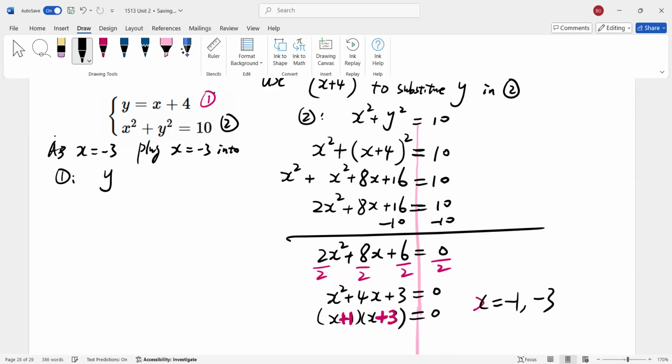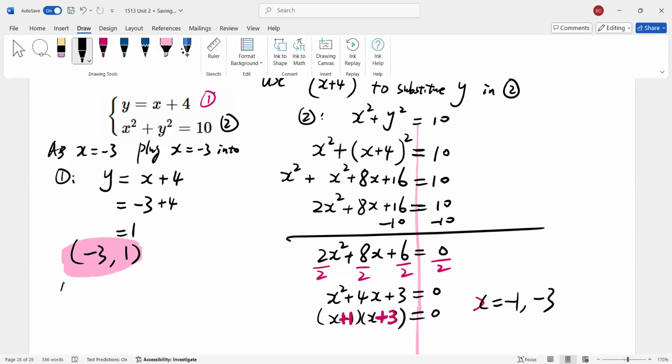In equation 1, variable y is already in terms of x. So if we plug in x equals negative 3, replace x with negative 3. Negative 3 plus 4 is 1. We get the corresponding y value is 1. So when x assumes negative 3, the corresponding y value is 1. We found one solution.